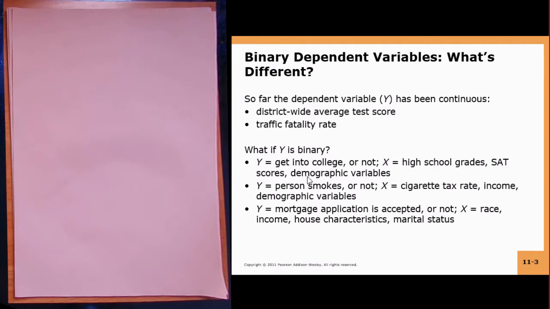It may also be relevant what your demographics are. Another such question might be whether a particular person smokes or not. This may depend on the price of the cigarettes, which may also depend on the level of taxes on the cigarettes. It may depend on the income of the individual, whether they can afford to smoke, and it can depend on other demographic variables.